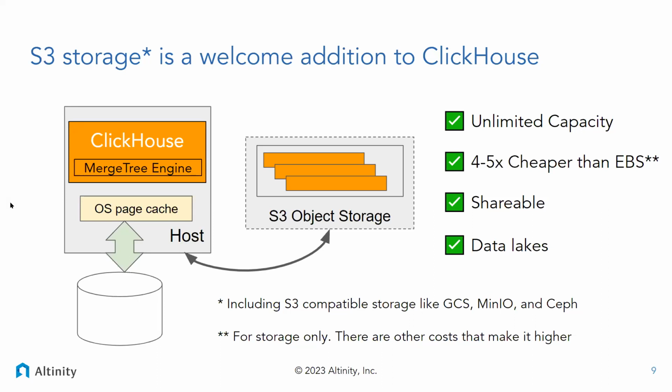It's even cheaper over on Google because they have higher price block storage. It is shareable, which means that it's not just locked into a single computer like a block device. Many processes can see it, and it's also commonly used for data lakes. In fact, I would say even the majority of data lake information is stored in S3.